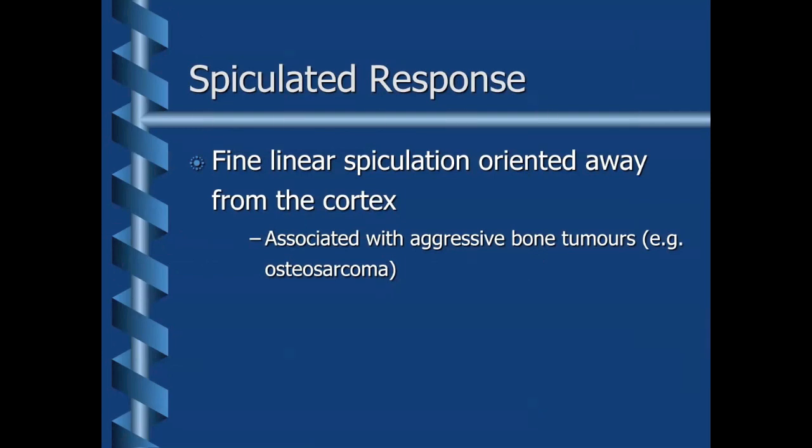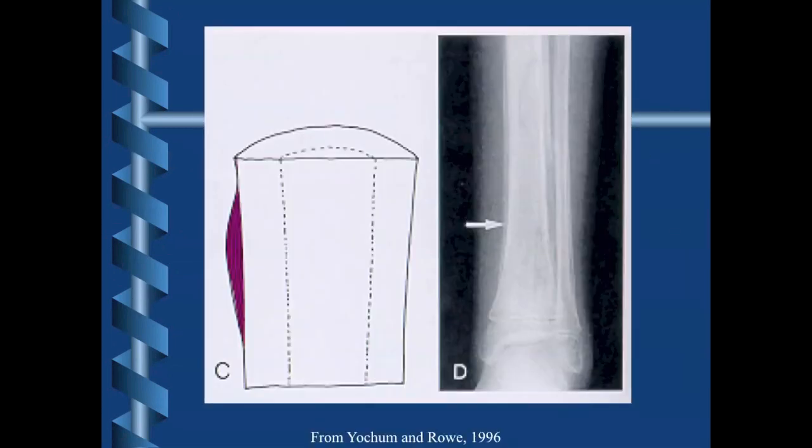Sorry, I'm just going to go back one. We can also see that this is obviously in a child, possibly going into teenage years. The growth plates are still open, but they are closing up. So they're the distal growth plates in the fibula and the tibia.